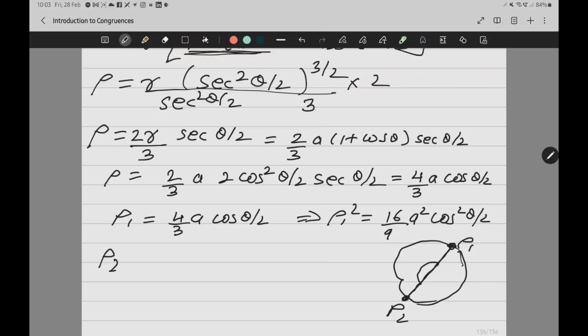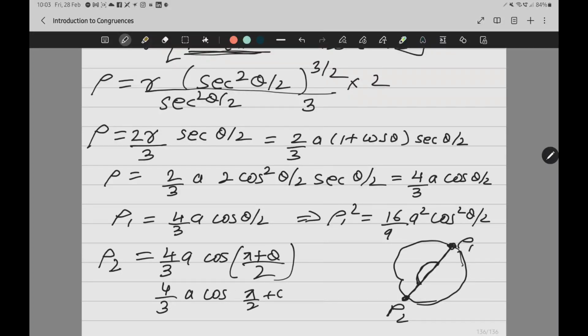So if I want to find out rho 2, rho 2 is nothing but in place of theta, I will put pi plus theta. So rho 2 will be 4 by 3 A cos of pi plus theta upon 2. See, this is pi plus theta, right? So 4 by 3 A cos pi by 2 plus theta by 2.